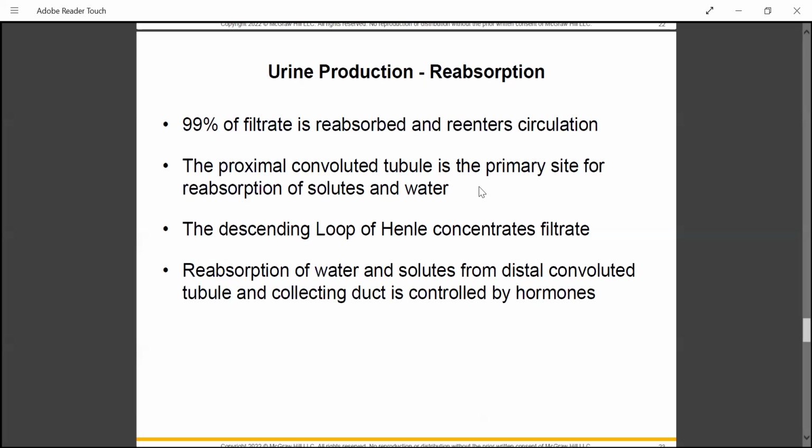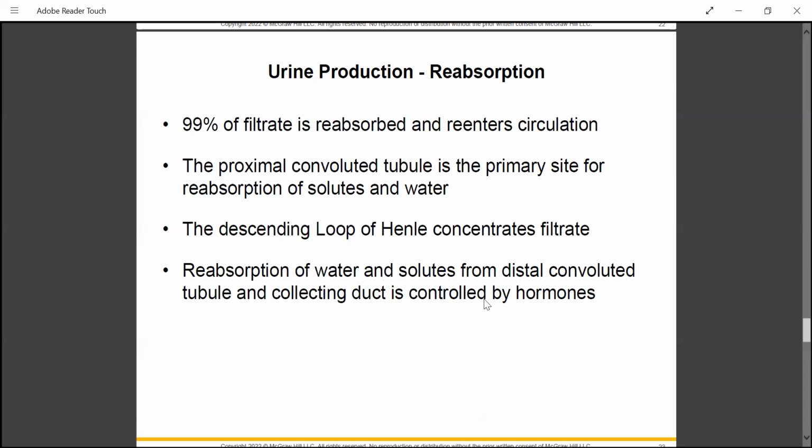We only want to get rid of a small amount of filtrate. In the descending loop of Henle, this is where our filtrate concentrates. So in the descending loop, this is where the water is primarily reabsorbed. So now instead of a watery filtrate, we mostly have what we want to get rid of.